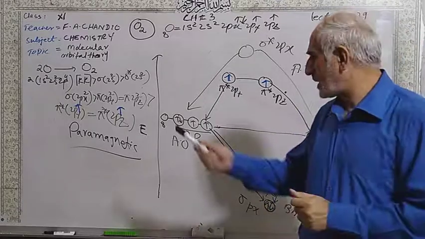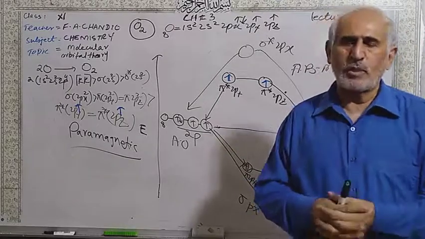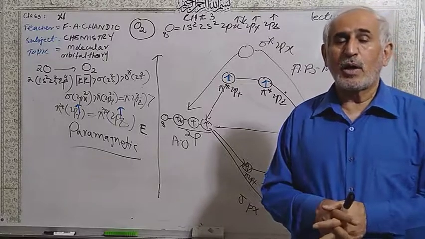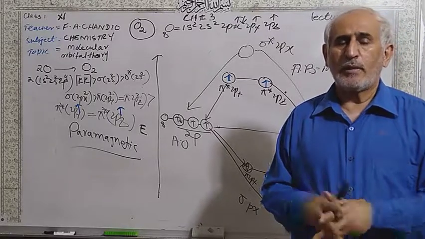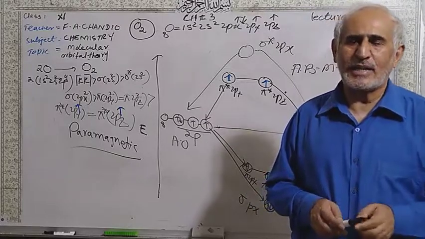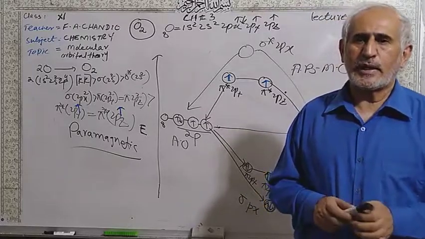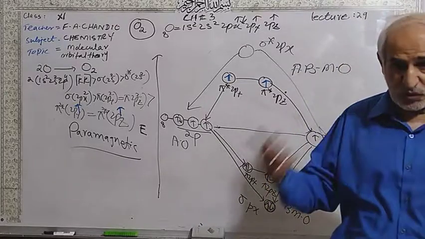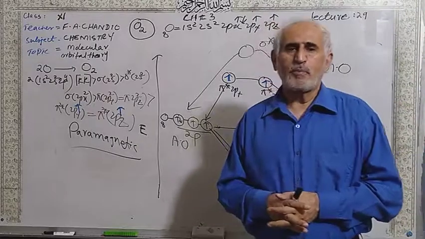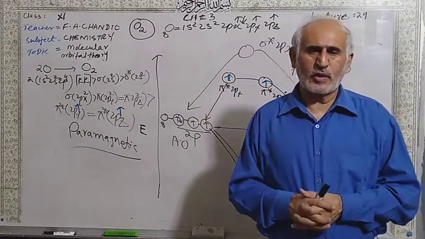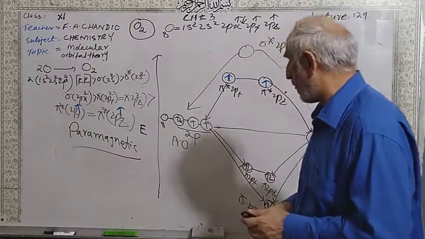One factor is the paramagnetic nature of oxygen and boron, and the second factor is bond order and the formation of the helium molecule, which is highly unstable, showing that no bond is formed between helium atoms. So due to these factors, molecular orbital theory is superior to both VSEPR and valence bond theory.